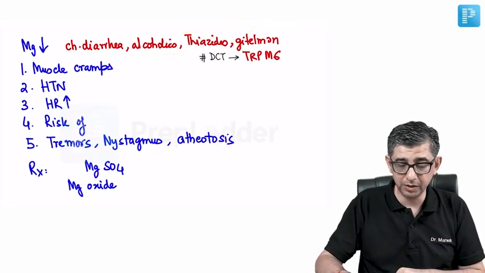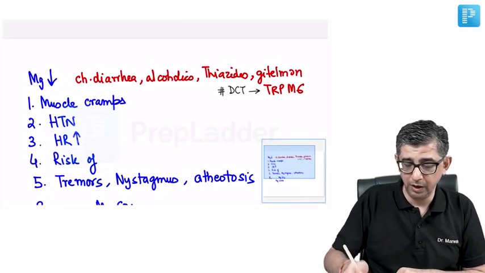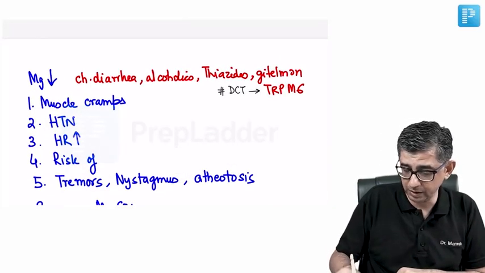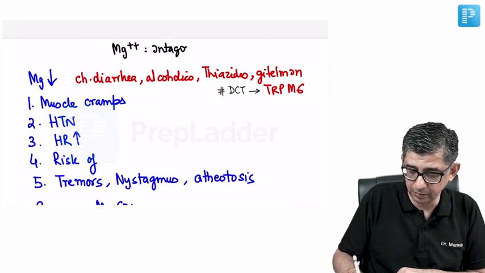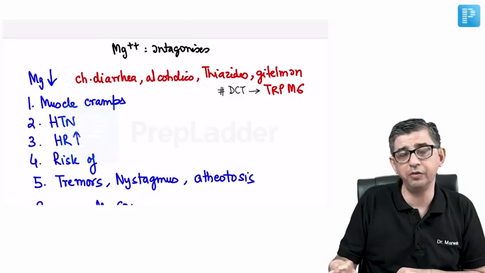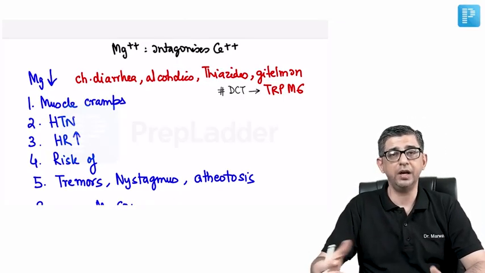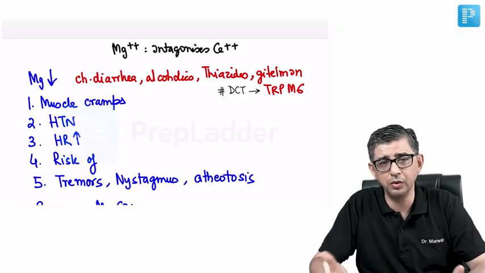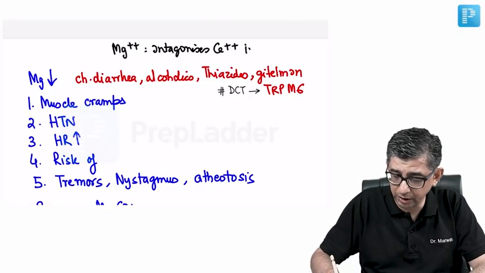Now magnesium per se, remember my statement, how to remember aspects with respect to magnesium. The data to be remembered is that magnesium per se antagonizes the effects of calcium which is present, let me say, in the blood vessels. Calcium causes vasoconstriction, and magnesium antagonizes this intracellular calcium.